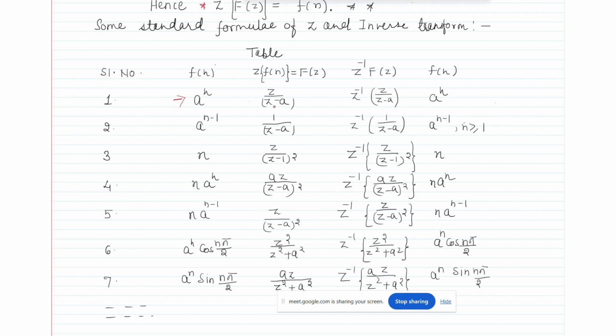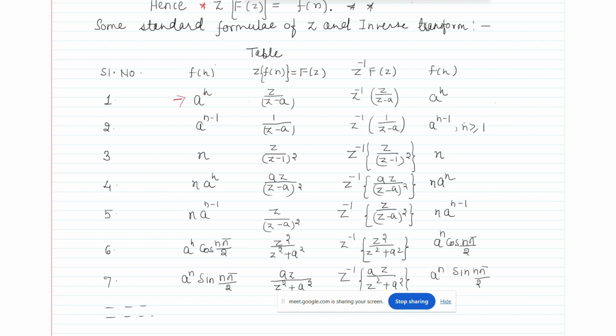In the previous lecture we already discussed how to find the Z transform of standard functions like a to the power n, n square, n cube. These standard results of the Z transform we get from the Z transform definition.